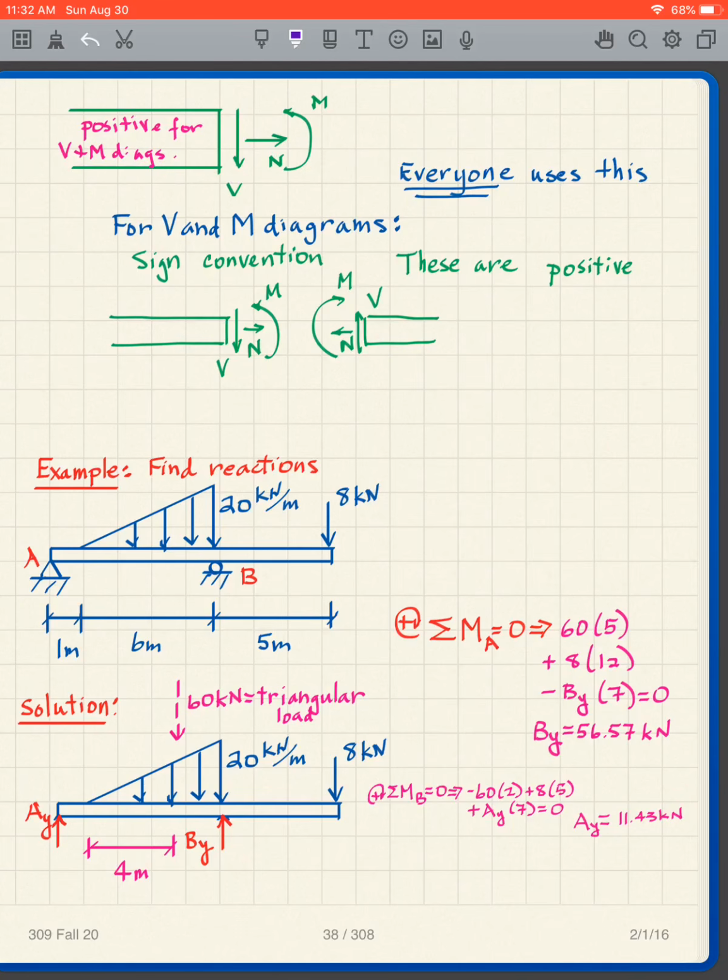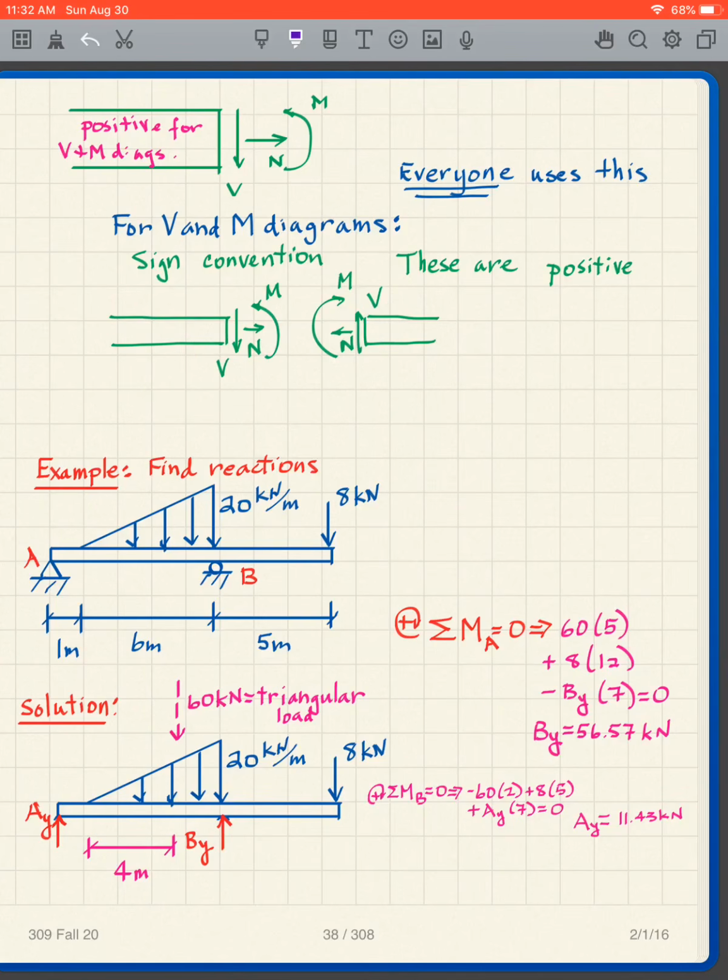Now notice, I always took the free body diagram of the left side of the beam. I could have taken the left side, or I could have taken the right side of the beam and drawn the free body diagram. If you do the right side of the beam, you have to be consistent with our sign convention. In other words, these are adjacent free body diagrams. They're right next to each other, touching.